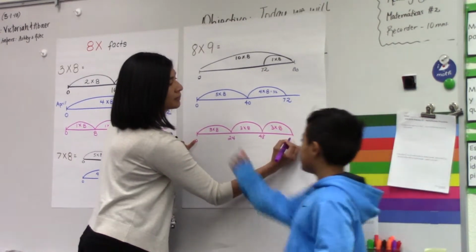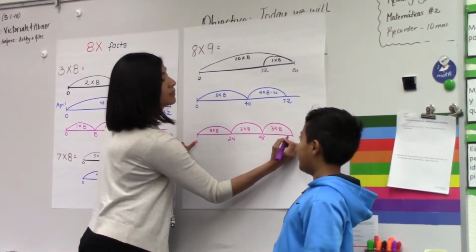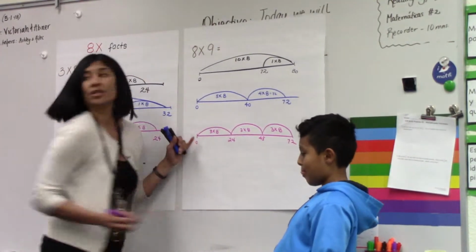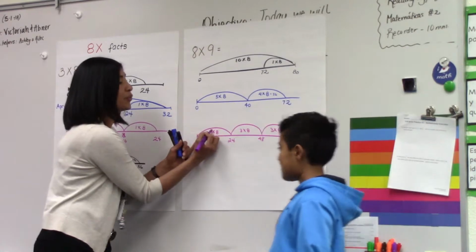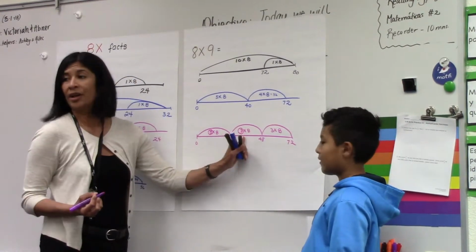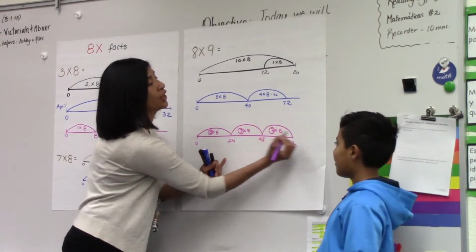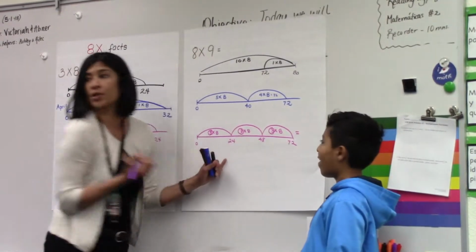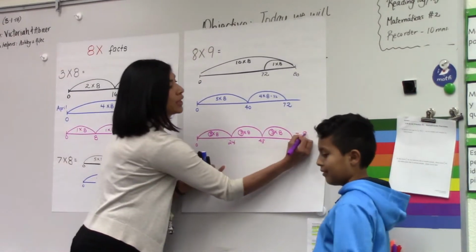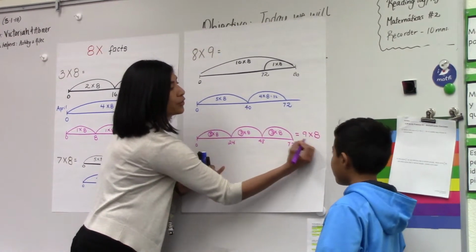Okay. I like that you're saying that. So Dylan is saying I have 3 groups of 8 here, another 3 groups of 8 here, another 3 groups of 8 here. So that's equal to how many groups of 8? 9 groups of 8. Thank you for mentioning that.